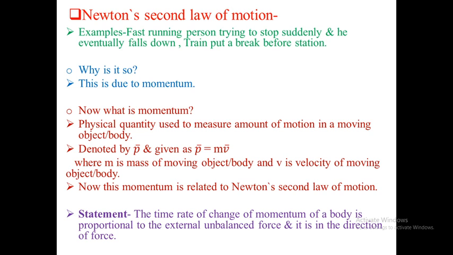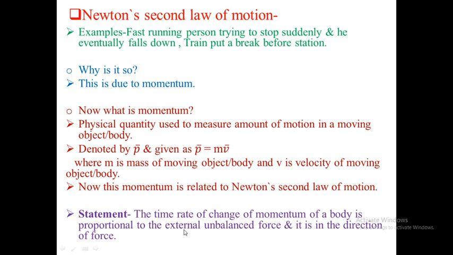The time rate of change of momentum is given mathematically as dp bar upon dt, that means rate of change of momentum with respect to time. And Newton's second law tells us that this dp bar upon dt is directly proportional to what?